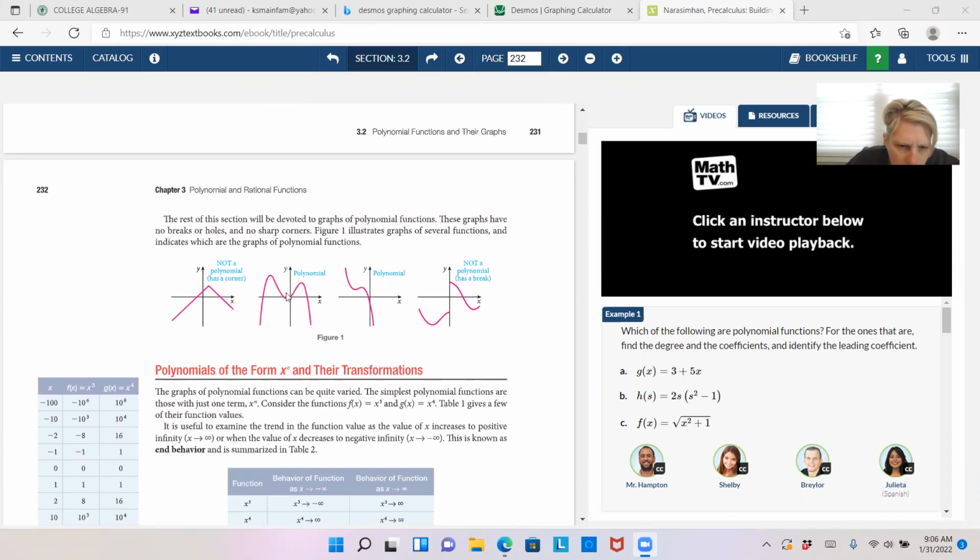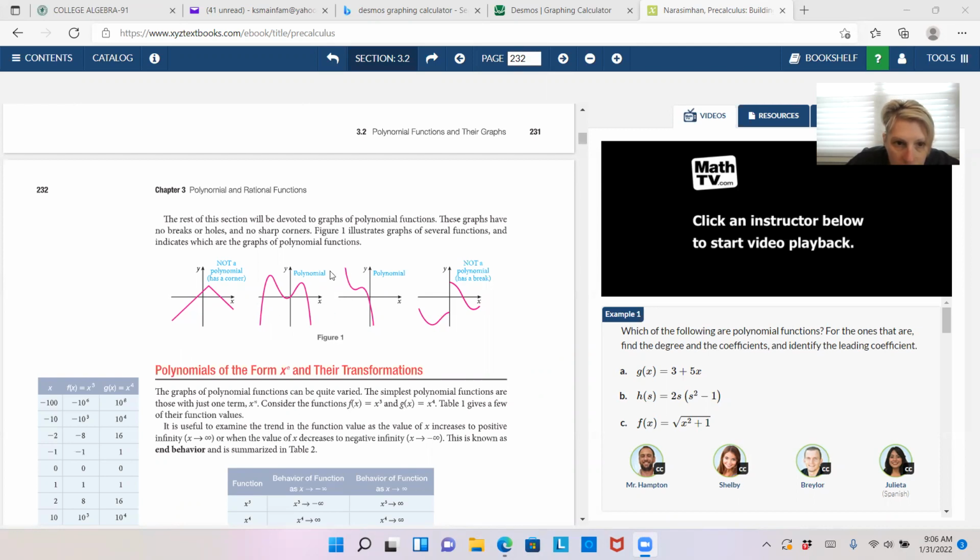Okay, so on page 232, it gives 4 examples of graphs you may see, some that are polynomials and some that are not. So this picture here, the first one on the left, is an absolute value function that has been translated or transformed and reflected over the x-axis. This is not a polynomial. It has a corner here.